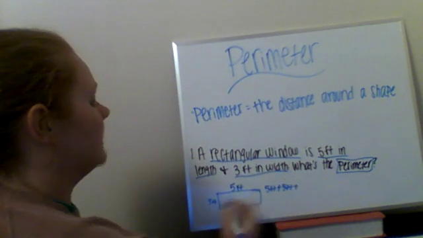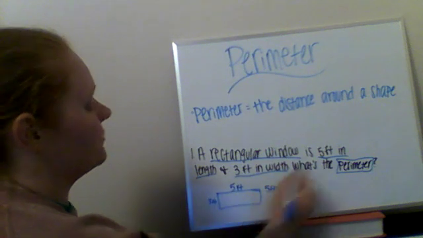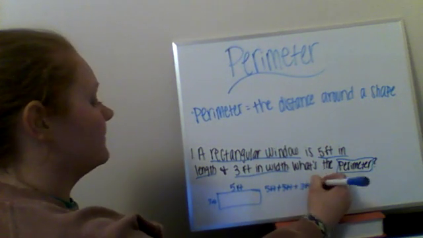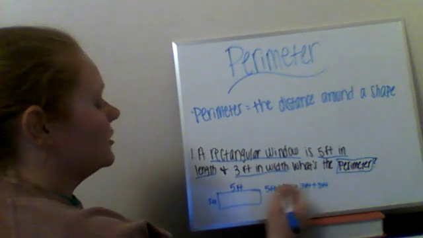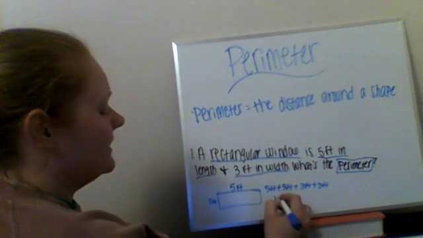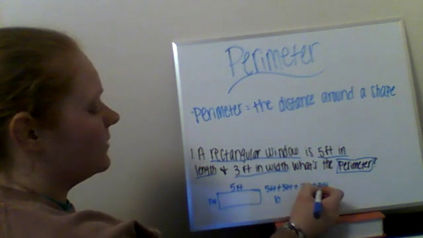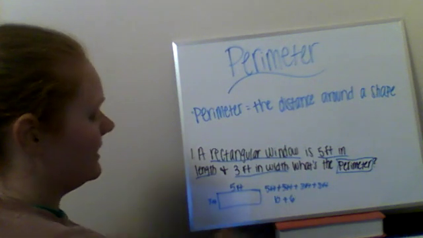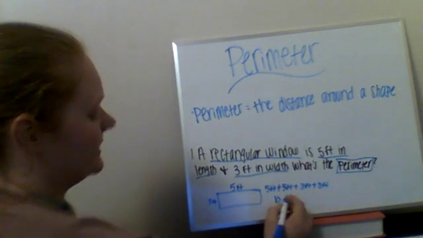Then I'm going to add my two sides of 3 feet and 3 feet because they're the same. So 5 plus 5 is 10. 3 plus 3 is 6. Then 10 plus 6 is 16.